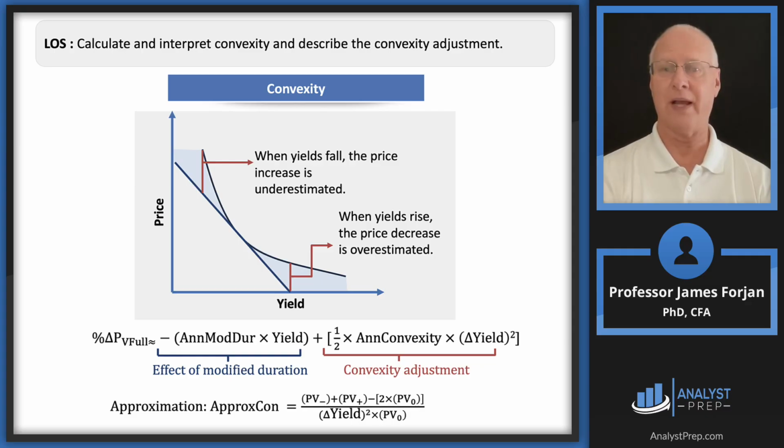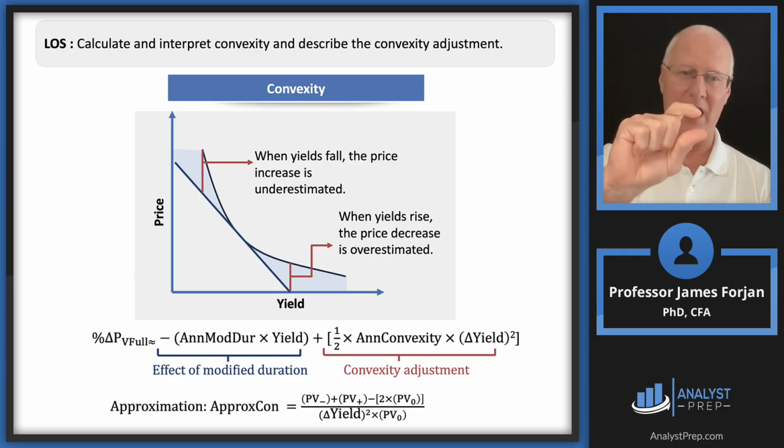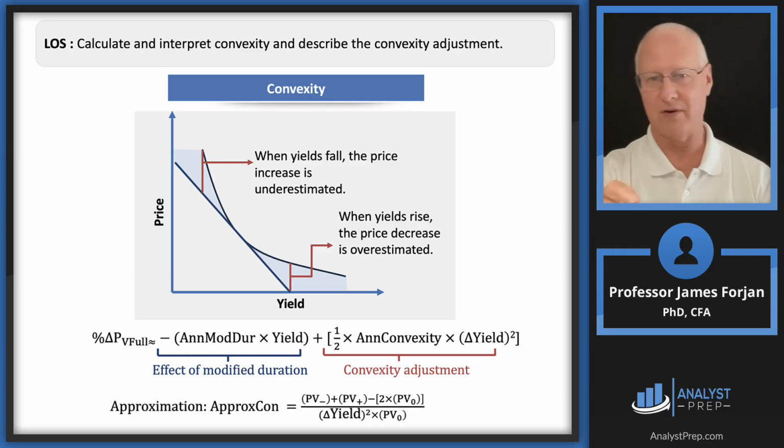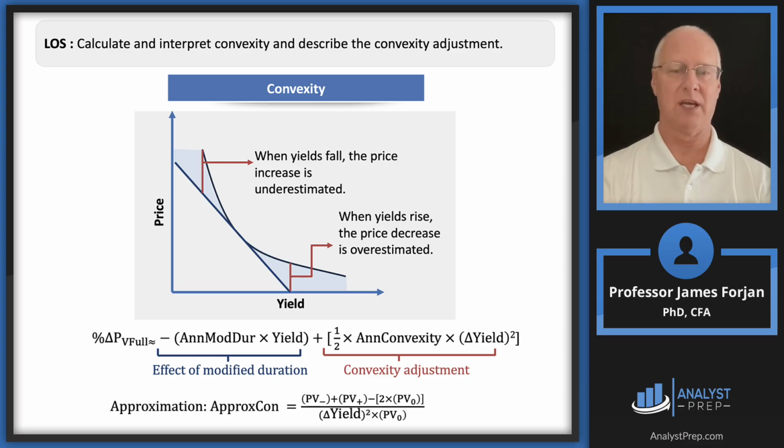That reflects the true relationship between yield and price. So as you can see, duration only captures a large component of it, and then that vertical red line up there at the top left and the vertical red line down there at the bottom right, that reflects the convexity adjustment.